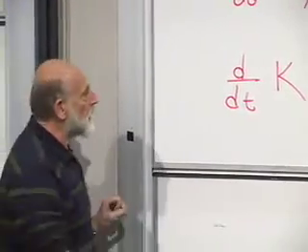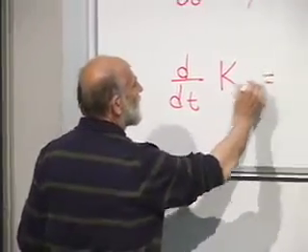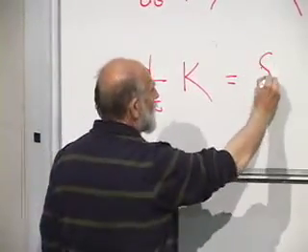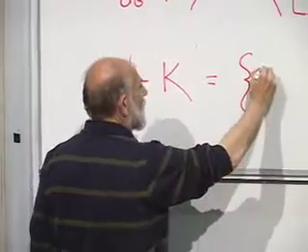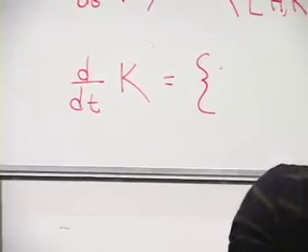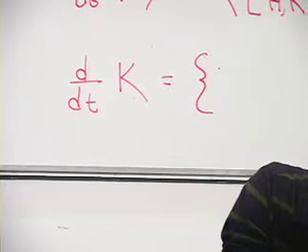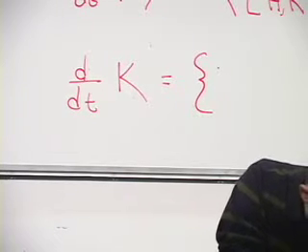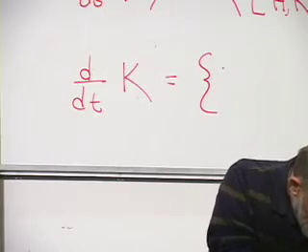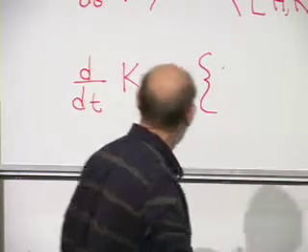Anybody remember what it's given by? By the Poisson bracket. The Poisson bracket, I can't remember if it's K with H or H with K. I always have trouble with these signs. K with H? Are you sure? Are you absolutely sure? Okay, I'll trust you.